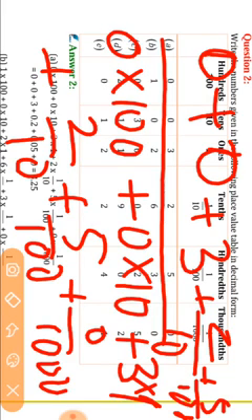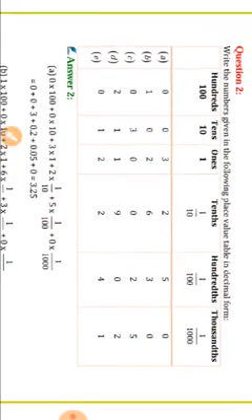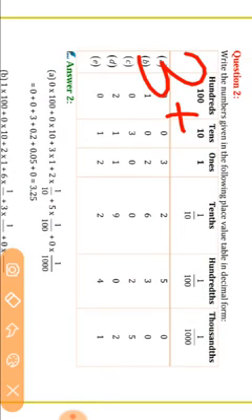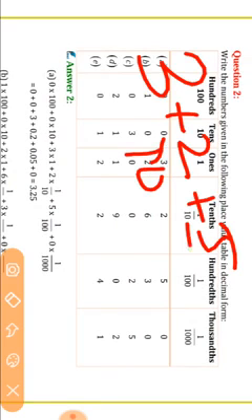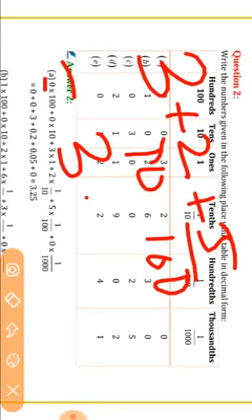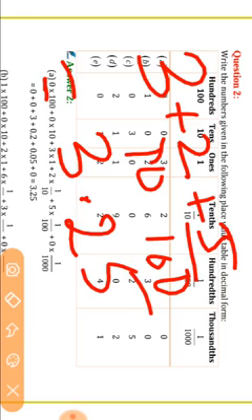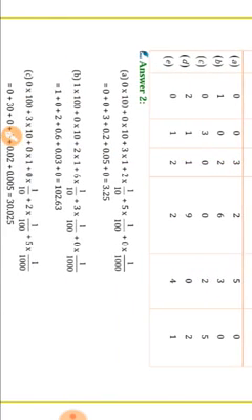So what it becomes? 3 plus 2 by 10 plus 5 by 100. So it becomes 3 decimal. In the tenths place 2 is there, in the hundredths place 5 is there. So total 3.25. This is how it is written here.